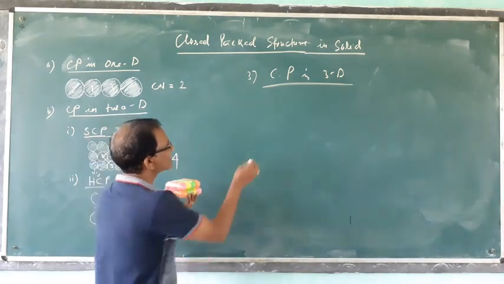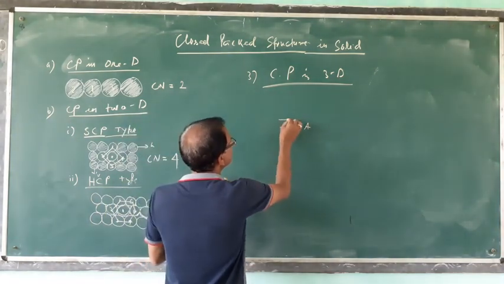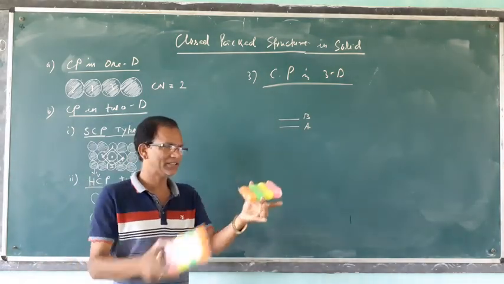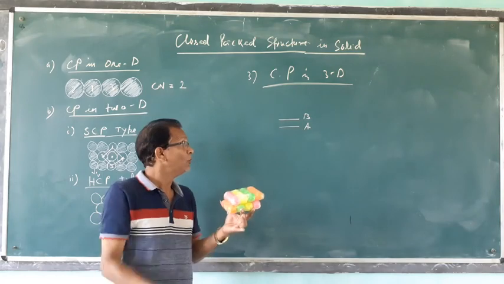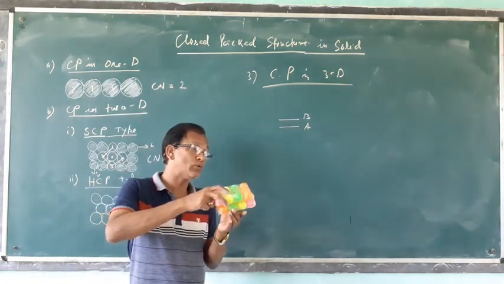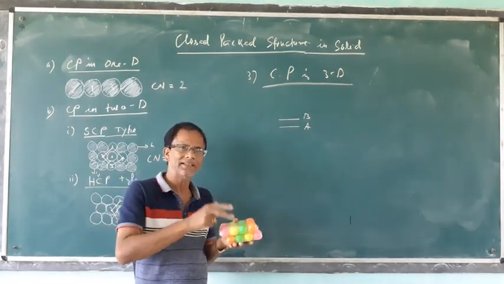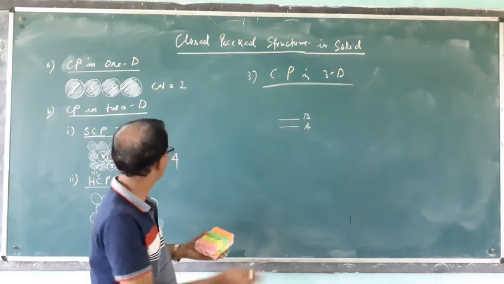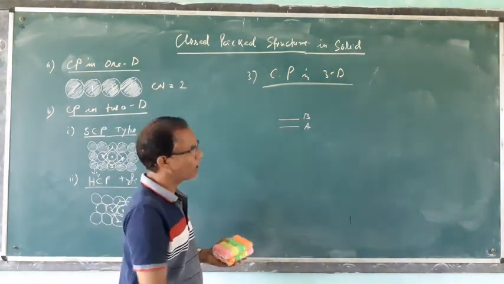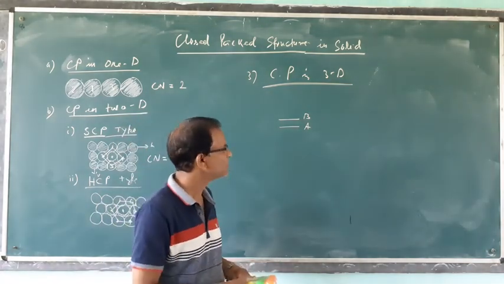Suppose the first layer is A, then the second layer is B. When the second layer is placed over the first layer, voids will be formed, which we already discussed. The voids may be tetrahedral voids or octahedral voids.